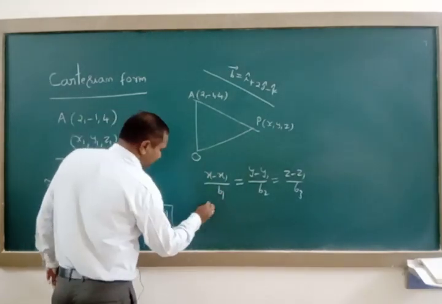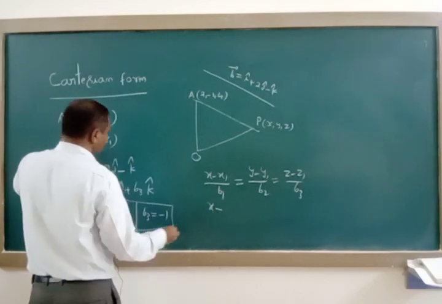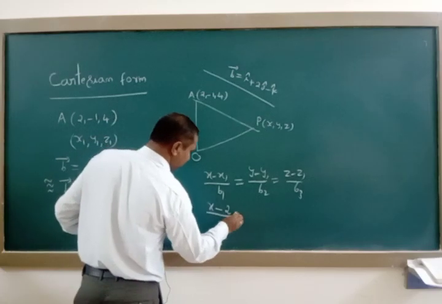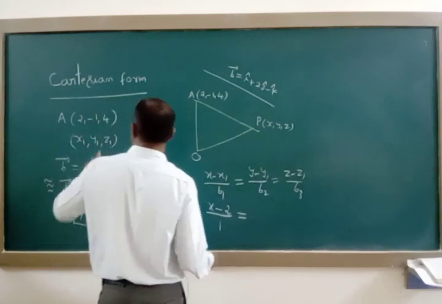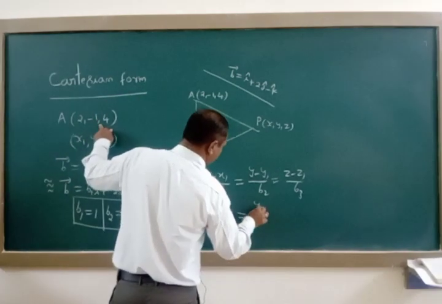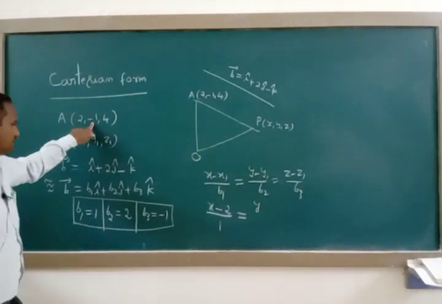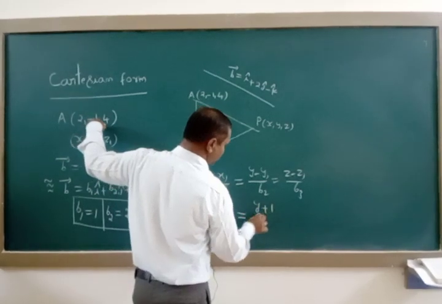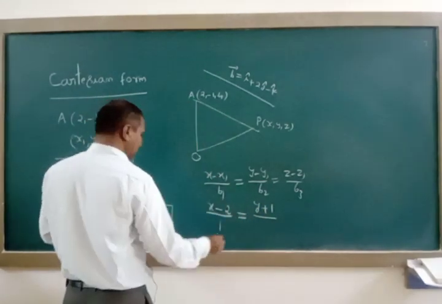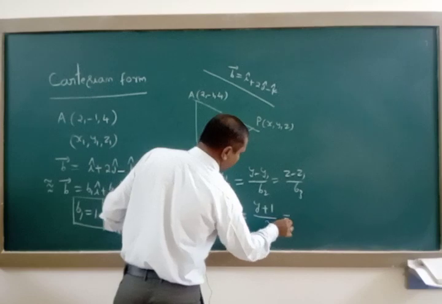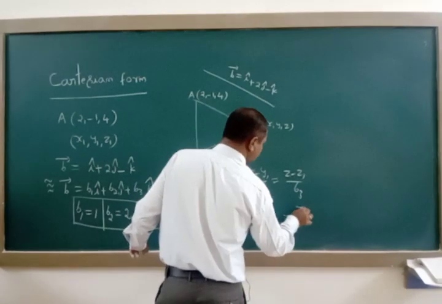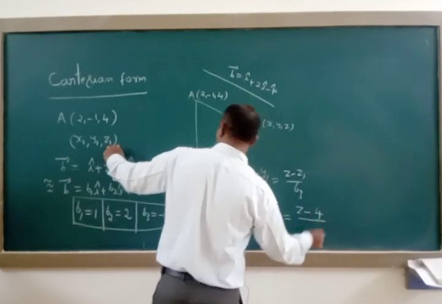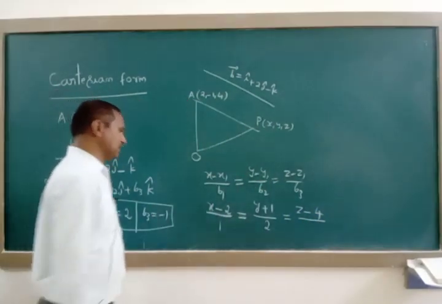Now x minus x1 value is 2, whole divided by b1 value 1, is equal to y minus y1, y minus of minus 1 becomes plus 1, whole divided by b2 value 2, is equal to z minus z1, z minus 4, whole divided by b3 value minus 1.